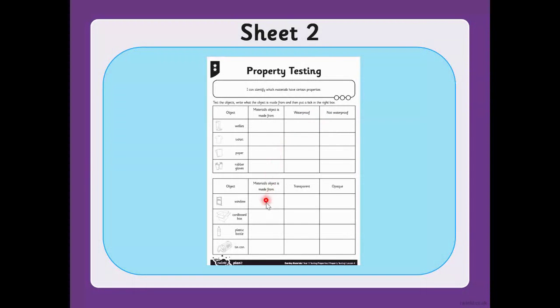And then under here, we've got different objects again. And this time we're doing, are they transparent or are they opaque? Is a window transparent? Here's a window, look, a window. Can you see through a window? Yes, you can. So you put a tick in there. It's not opaque, is it? So we put a cross in there.